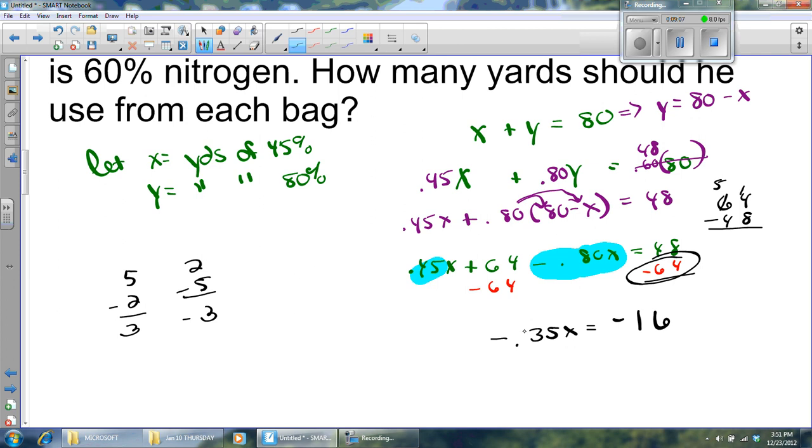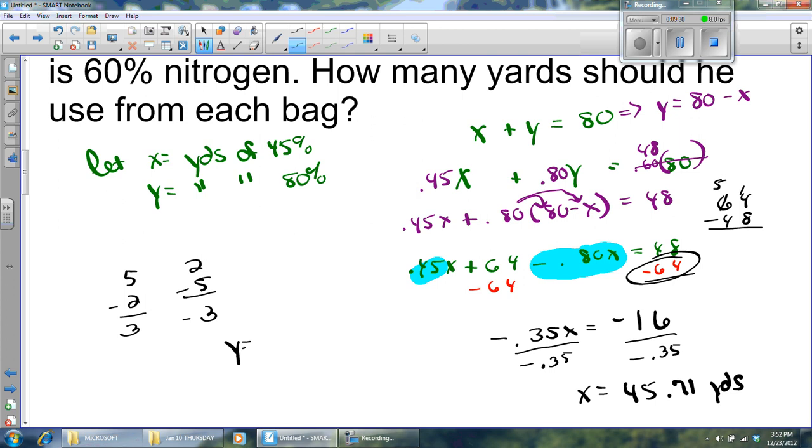So to get x, I'm going to divide by negative 0.35. Negative 0.35. X is going to equal approximately 45.71 yards. Okay, then to get y, it's real easy.